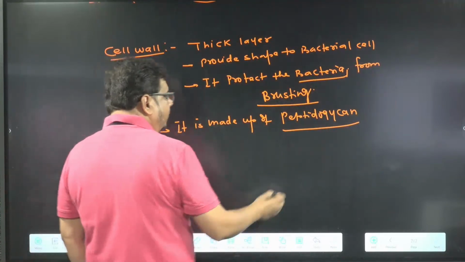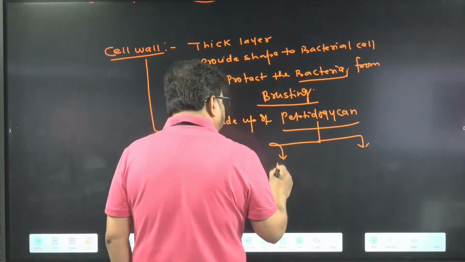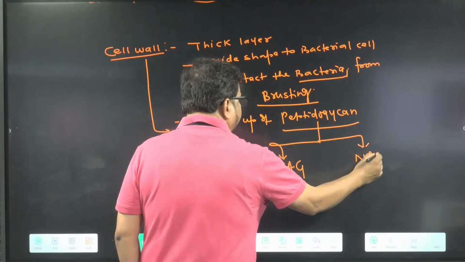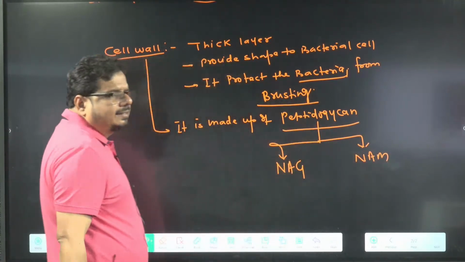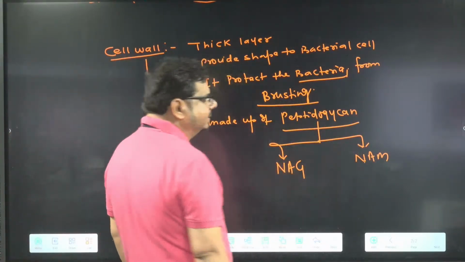So it is made up of peptidoglycan. If you talk more about peptidoglycan, it is a polysaccharide made up of cross-linking of NAG and NAM. NAG is N-acetyl glucosamine, NAM is N-acetyl muramic acid.